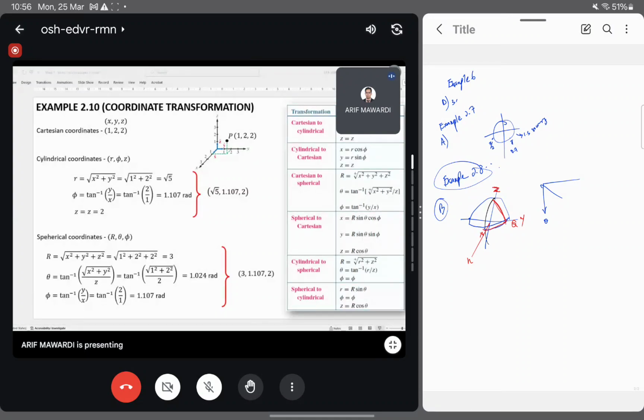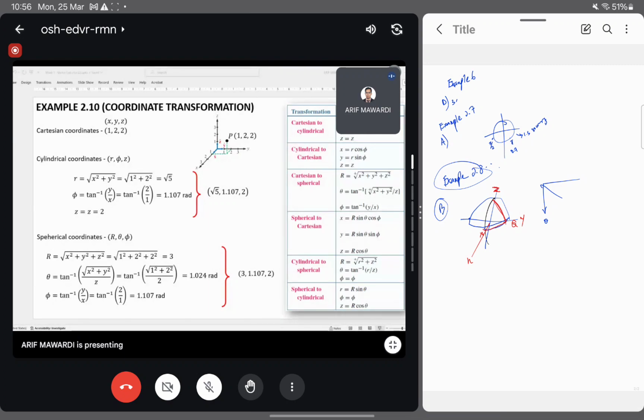Here x and y are the Cartesian coordinates, where x is 1 and y is 2. So I simply substitute these two values into this equation, and I get r equal to the square root of 5.